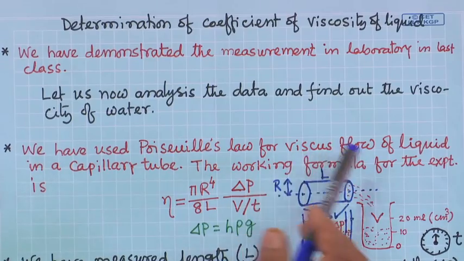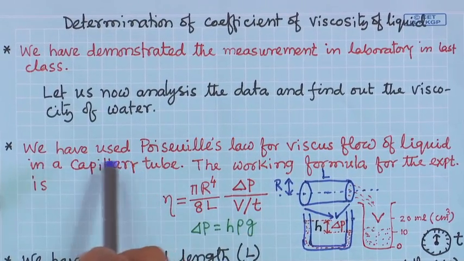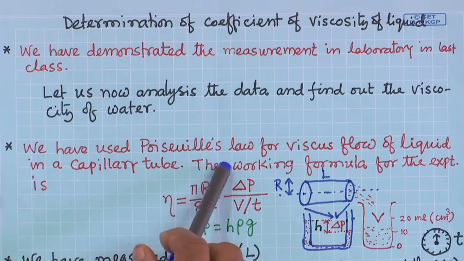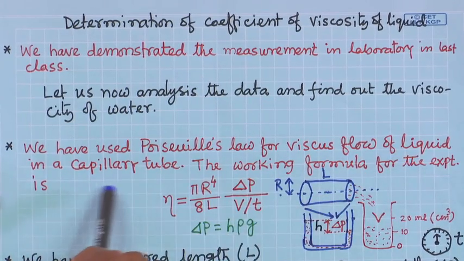So, we have used Poiseuille's law for viscous flow of liquid in a capillary tube.